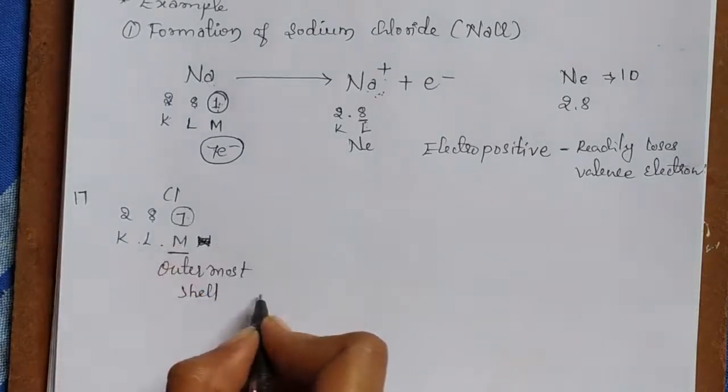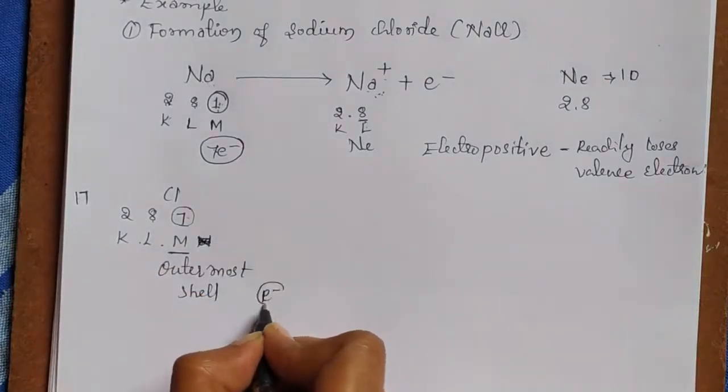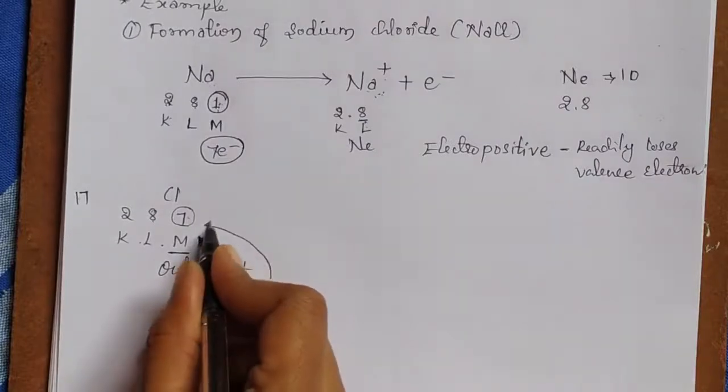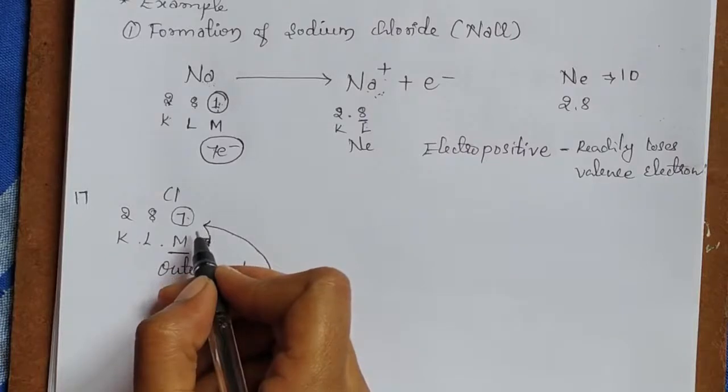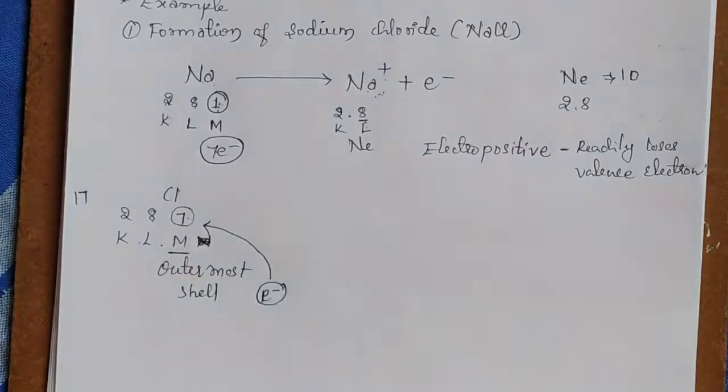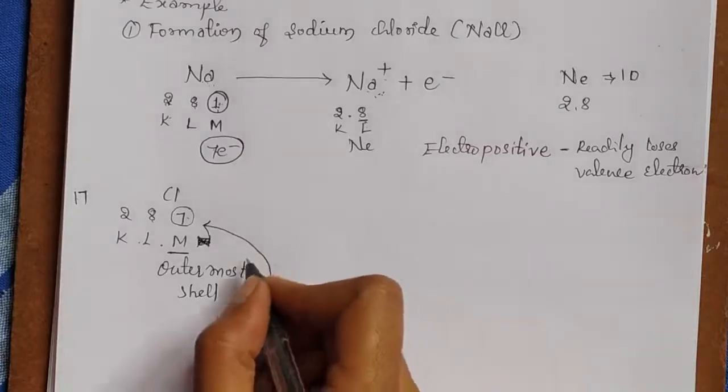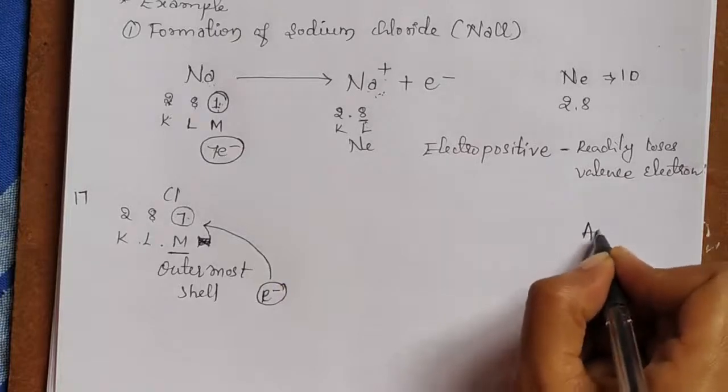This chlorine needs 1 electron to attain the stable noble gas electronic configuration of argon.